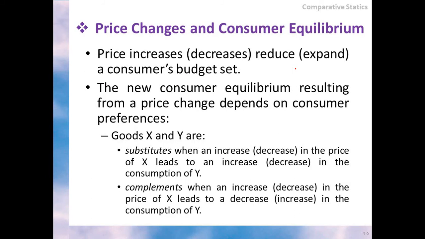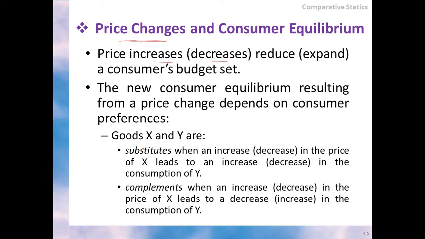All right, so first we look into what happens to the consumer equilibrium if there are any changes in price. When we say changes in price, of course it can be either an increase or a decrease. So we revisit again what we have learned in chapters 2 and 3.